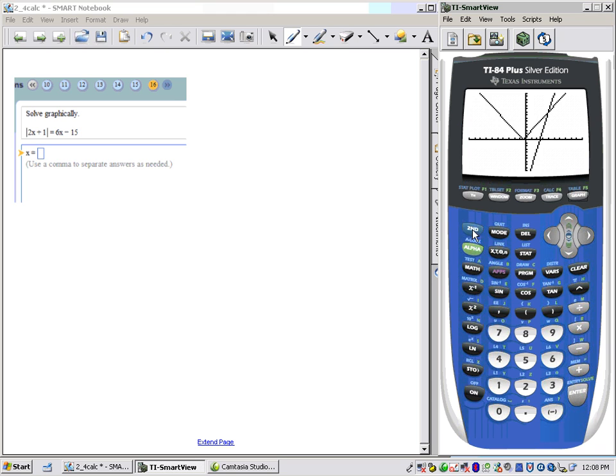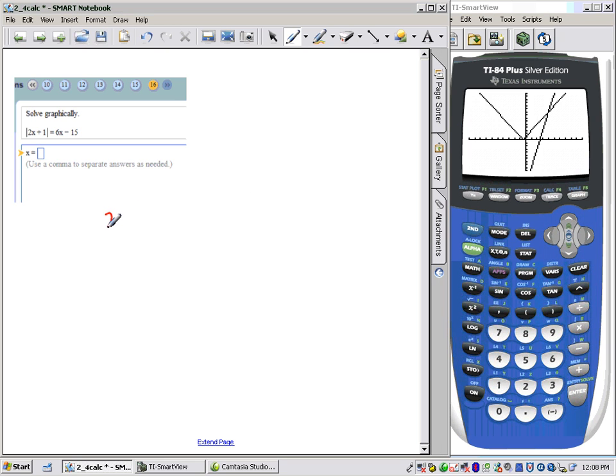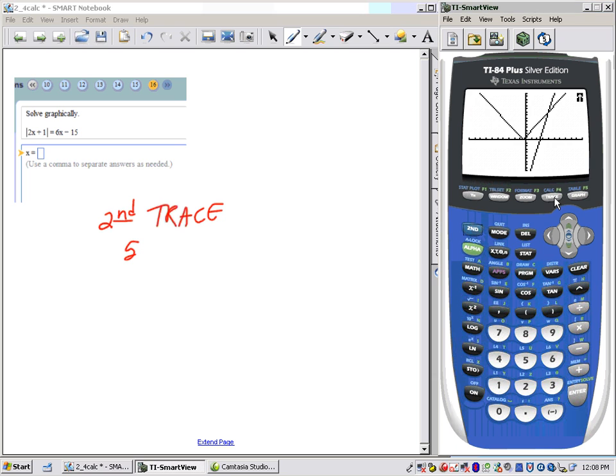We can find our intersection by doing second, trace, and this time use the intersection of graphs, which would be number 5. Now first curve is our absolute value, second curve is our linear, and guess we can move to that point and press enter.